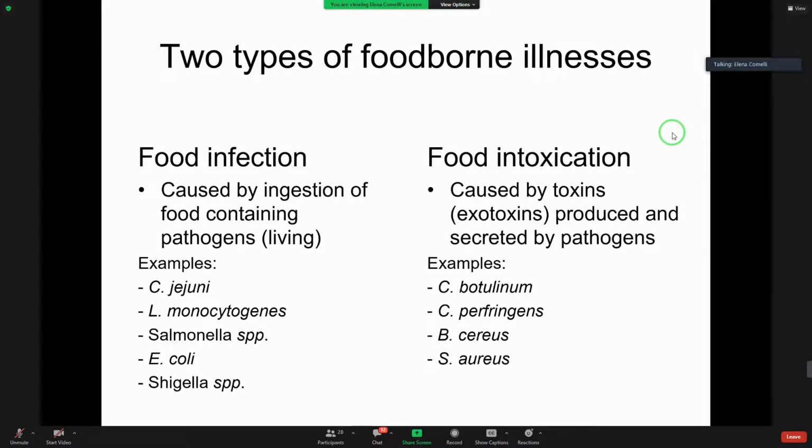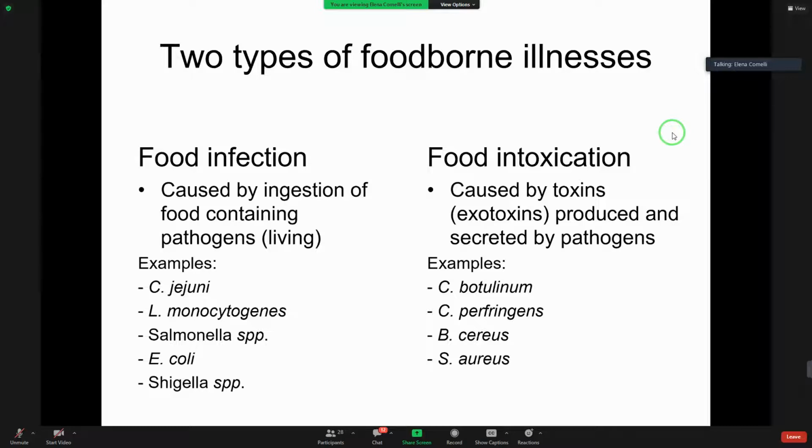So essentially, there are two types of foodborne illnesses. There are food infections and there are food intoxications. The difference lies in the fact that food infections are caused by the ingestion of living pathogens. So the food or the water that are ingested contain the living pathogen in them. For example, Campylobacter jejuni, Listeria monocytogenes, E. coli, Salmonellosis.